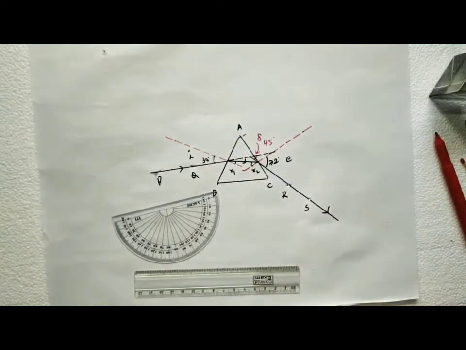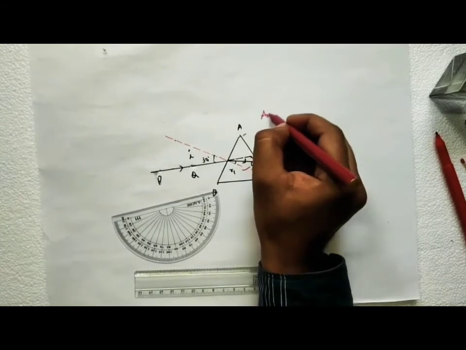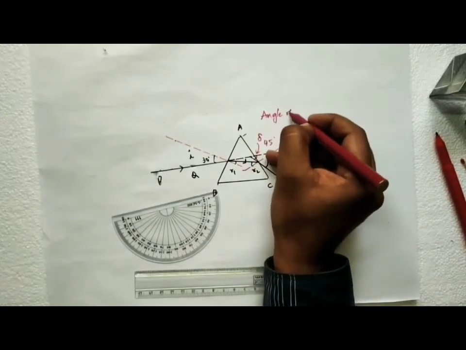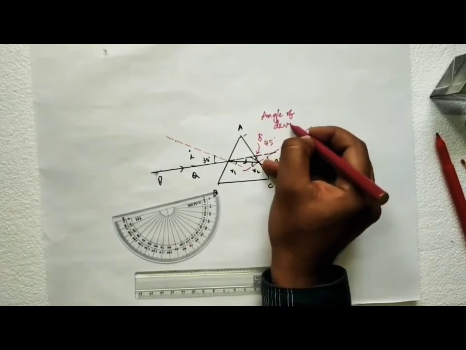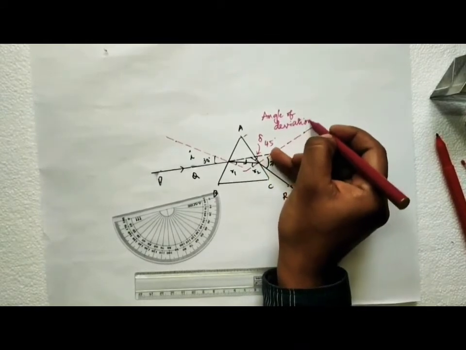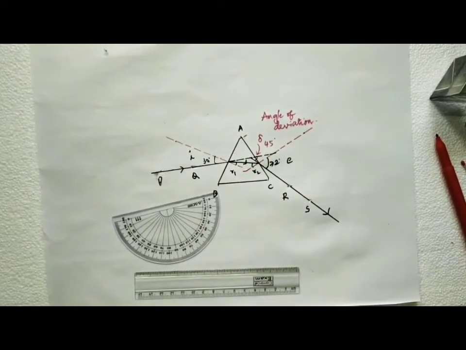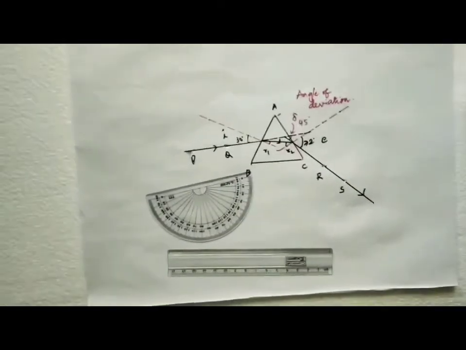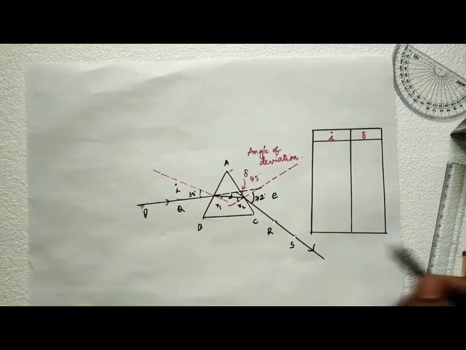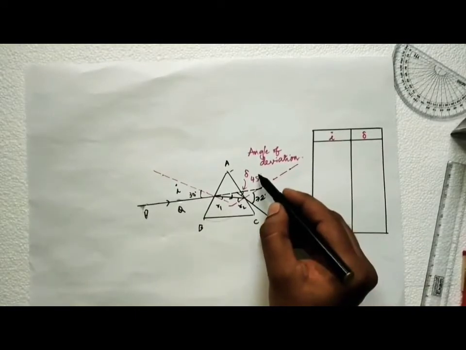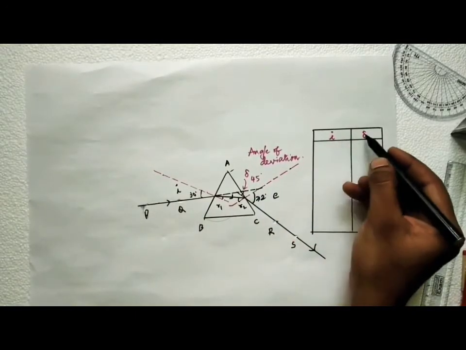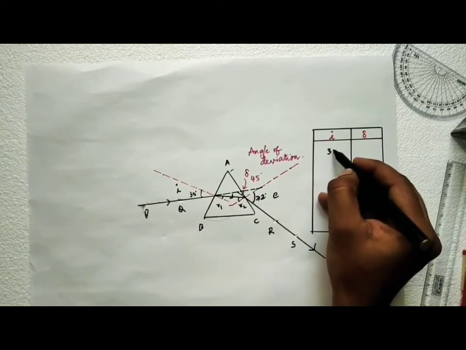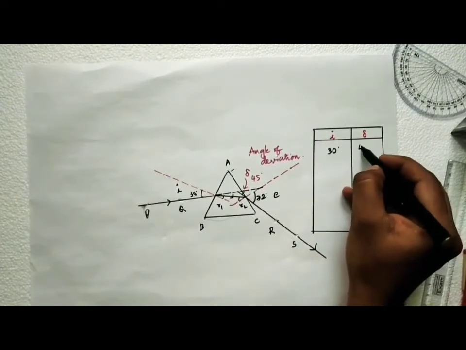So for angle of incidence 30, I got angle of deviation 45 degrees. So we will continue this experiment for various angles. I am not showing the rest of the angles. I have done it with various angles like 30, 35, 40, 45. And if we tabulate all the values of angle of incidence and angle of deviation in a table, the values will be: 30 degrees, I got 45.